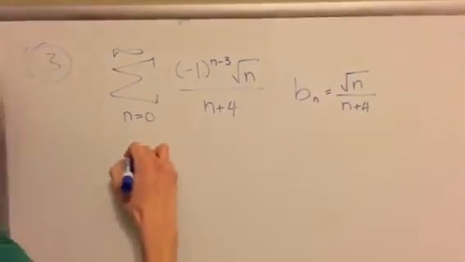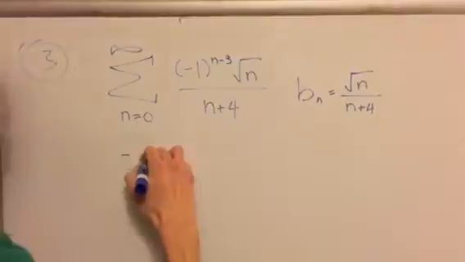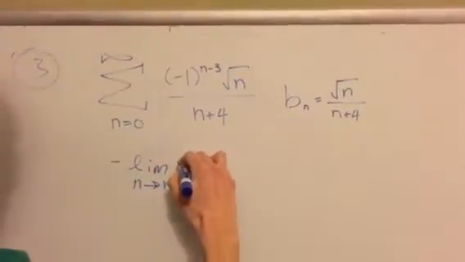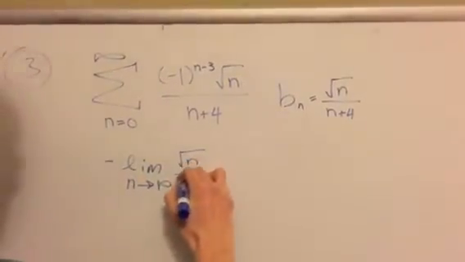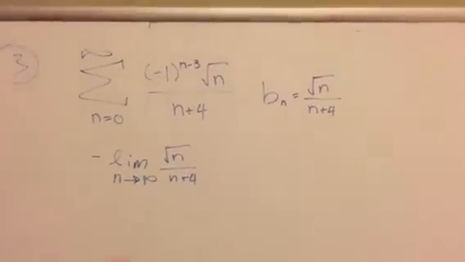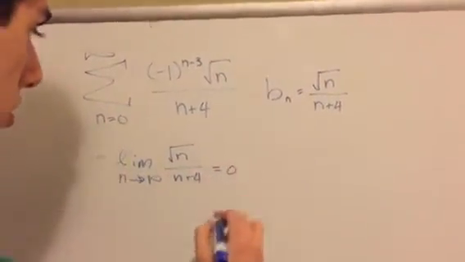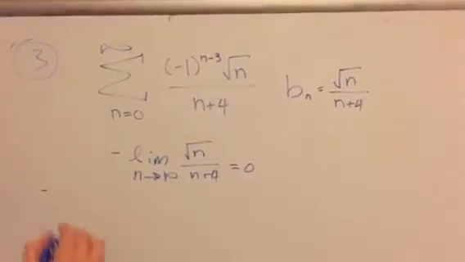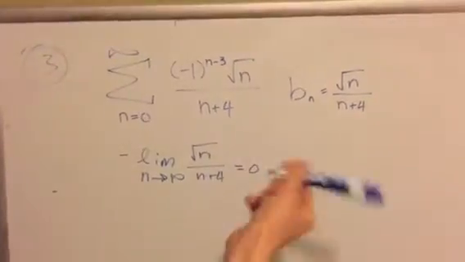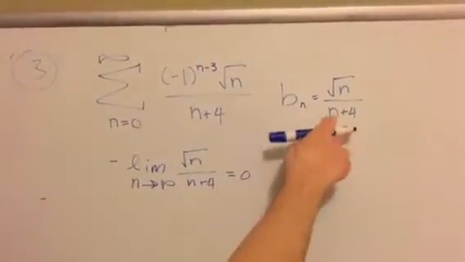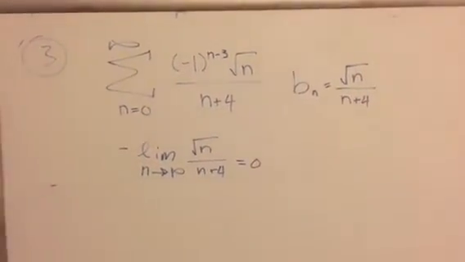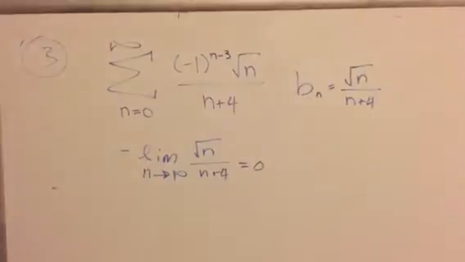Our first condition that we have to check. And this is obviously 0. Our second condition, it's not quite intuitive as to whether this always decreases, and as you'll see in a second, it doesn't always decrease.